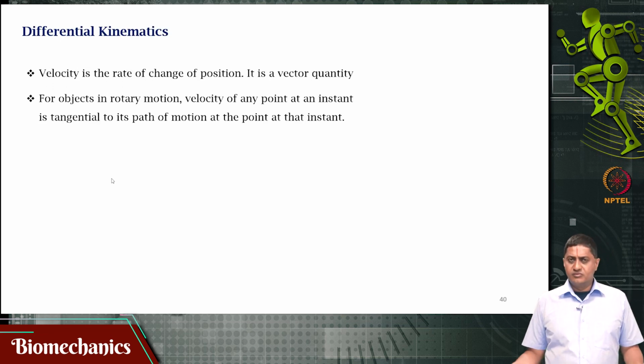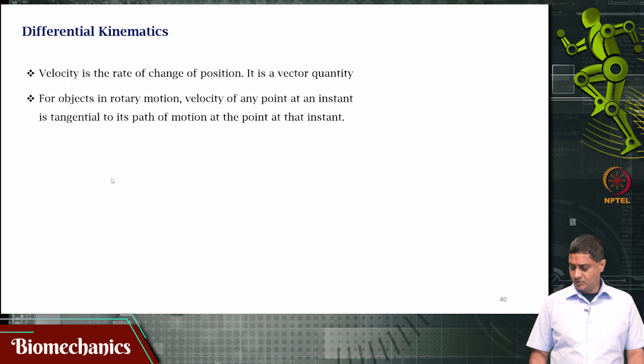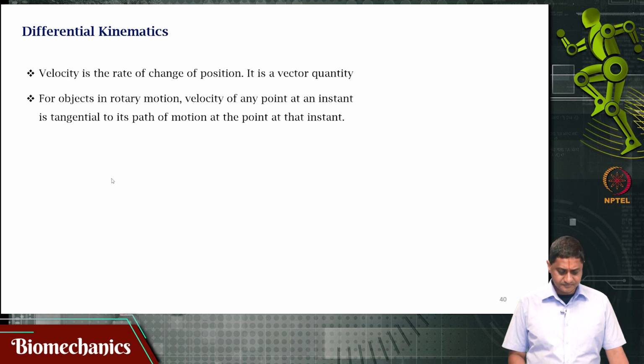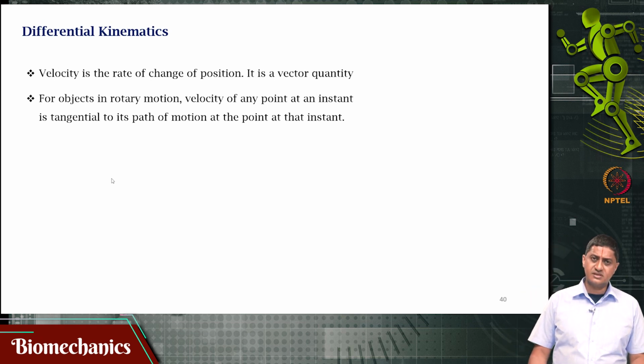What we know about velocity from high school physics still holds. Velocity is the time rate of change of displacement or position. Displacement is a vector, and velocity, the time rate of change of displacement, is also a vector quantity.